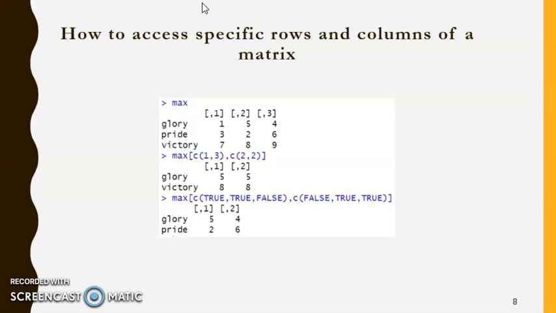Again, see how important vectors are. So in the first element of the bracket, instead of putting a number, you should put a vector. So here you put the vector of 1 and 3. What does it mean? Since it is here, it means that it is talking about rows. So it goes for the first row and the third row.